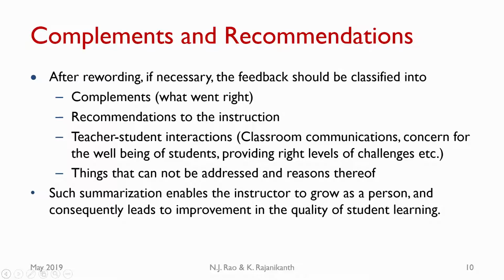There could be several other reasons, administrative, technical, many other reasons, because of which right now the instructor is unable to address those issues. So, if they are there, we can note down things that cannot be addressed and the reasons thereof, why we are not able to address that at this juncture. Maybe in future some other time we can address, but at this juncture we are not able to address that particular issue raised by the feedback.